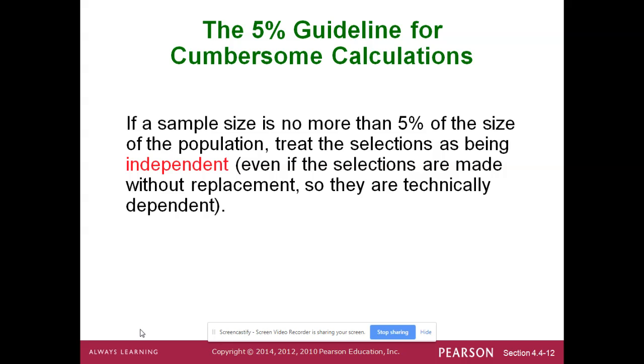5% guideline here. This is one of the criteria for that. If the sample size is no more than 5% of the size of the population, treat the selections as being independent, even if they're made without replacement, so that they're technically dependent on one another.